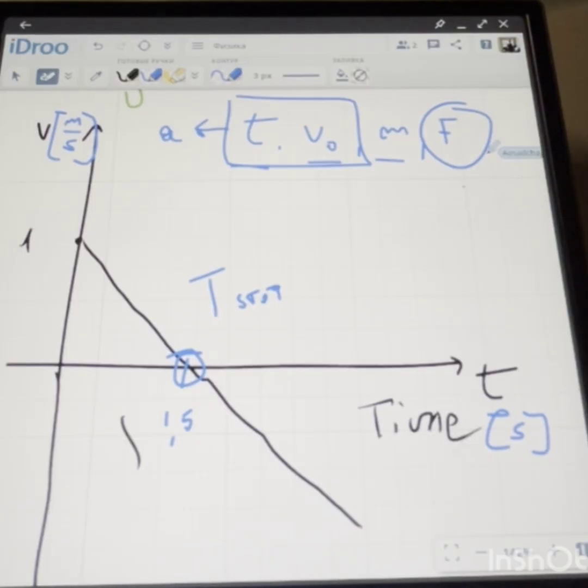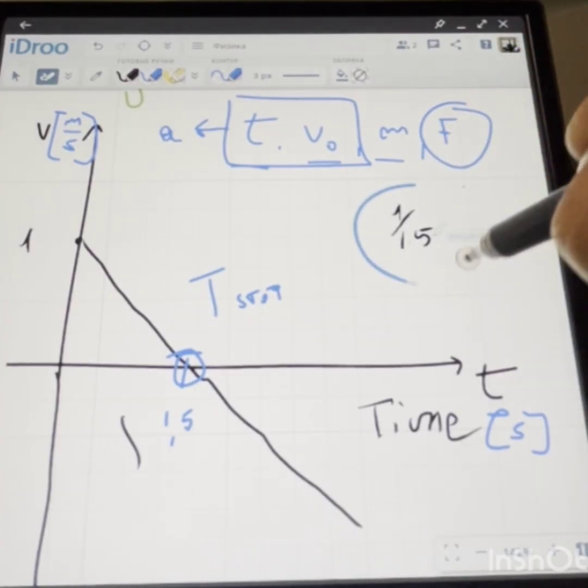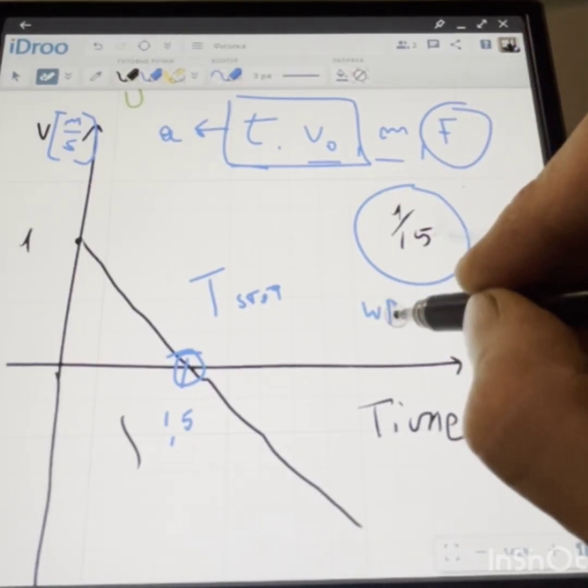So 1 divided by 1.5, right? That's how much it's slowing down, going toward the detector. And what else? There is something else missing here, otherwise it is wrong.